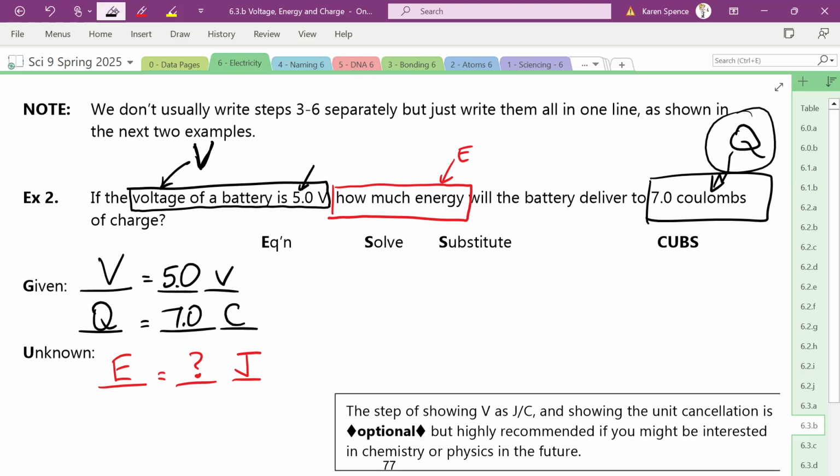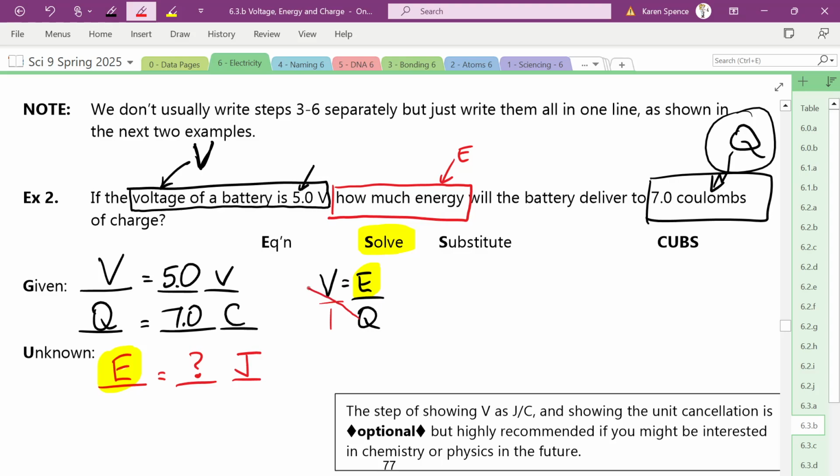Our equation. What equation will we use? Our very easy question. So V equals E over Q. Now remember, we need to solve for our unknown, and in this case, our unknown is E. So we're going to put V over top of 1, and we're going to move the Q, which direction?